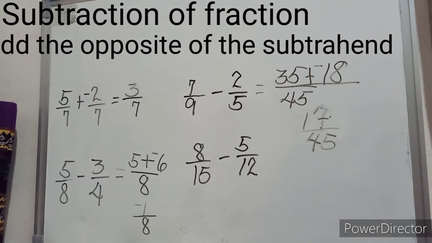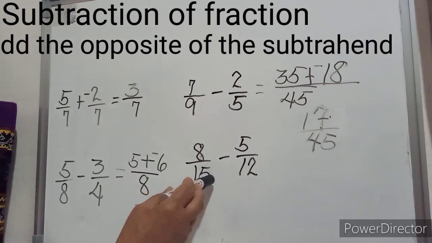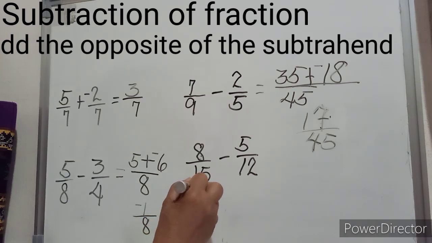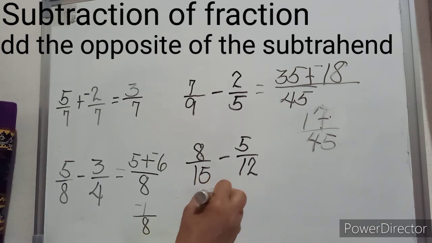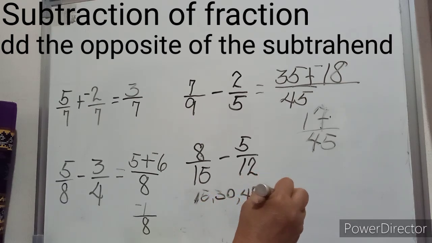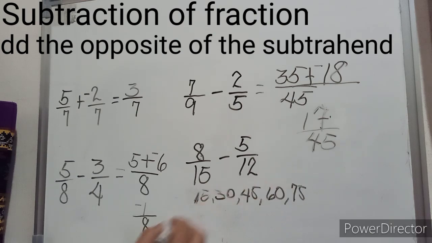15 and 12, do they have a common factor? Yes, they have a common factor, but let us take the other process we've been using to find the LCD. To get the multiples of 15, we have 15, 30, 45, 60, 75, and so on.